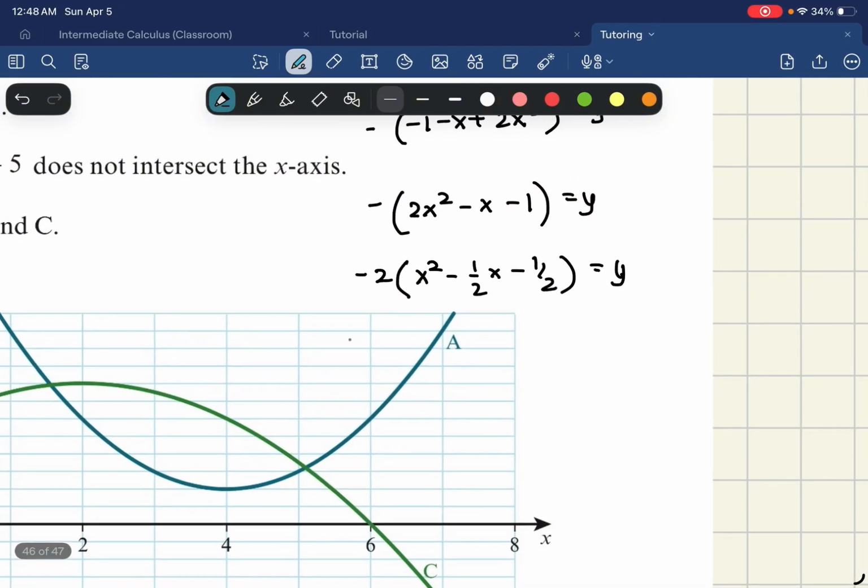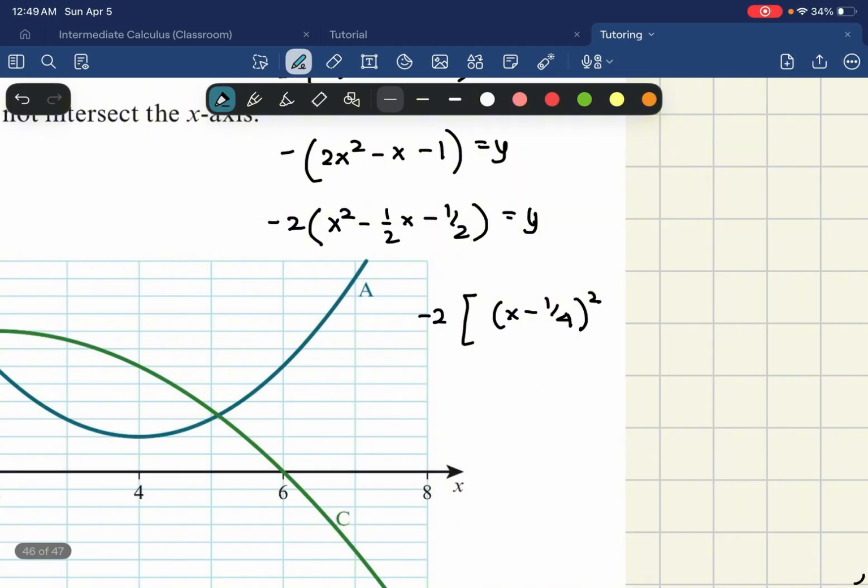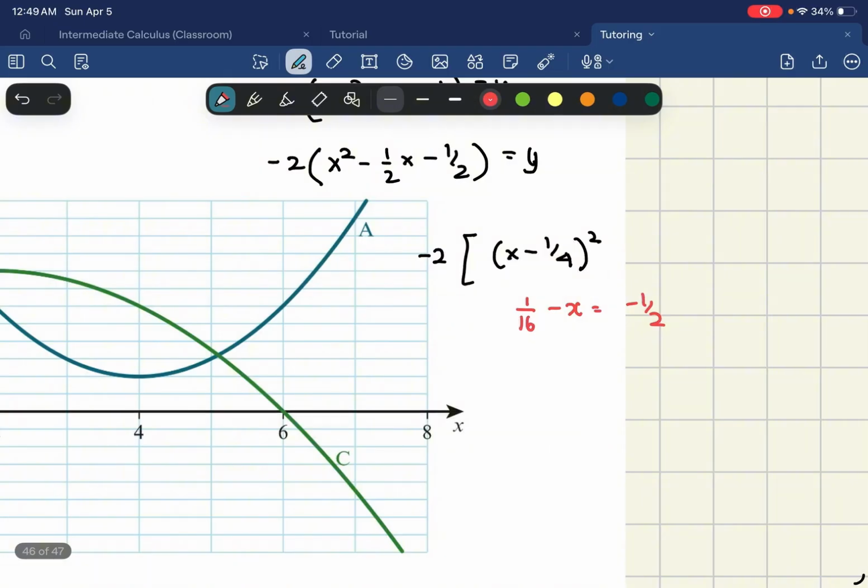Alright, so now that I've factored negative 2 out, I can now complete the square inside the bracket. If you try to complete the square, you'll get x minus 1 over 4 squared. And minus 1 over 4 squared gives me an extra term of 1 over 16. But we want to get to 8 over 16, right? So we want to subtract something so that we get negative 1 by 2. So what is the value?